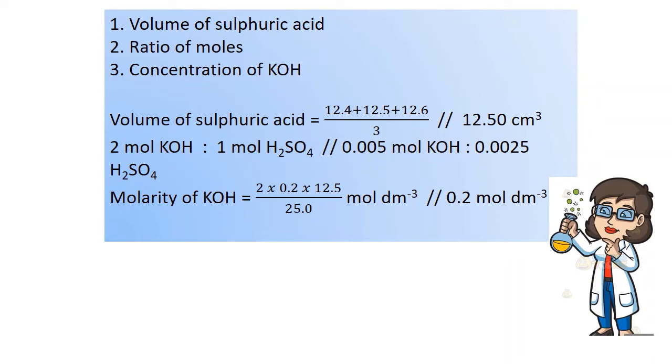Then, find the ratio of moles. 2 moles of potassium hydroxide react with 1 mole of sulphuric acid, or 0.005 mole of potassium hydroxide reacts with 0.0025 mole of sulphuric acid. Molarity of potassium hydroxide is 2 times 0.2 times 12.5 divided by 25, equal to 0.2 molar.